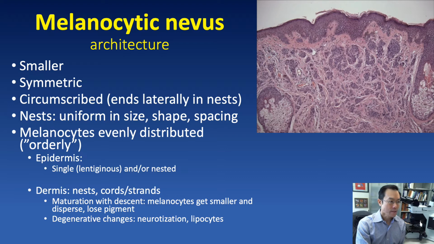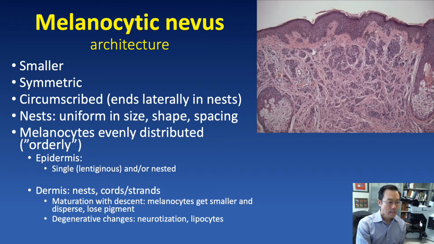So the melanocytes are evenly distributed. Even if we have that lentiginous single file growth pattern, the distribution of the melanocytes should be pretty even. And then going down into the dermis, they can form nests, but also disperse as cords or single file strands. And this is part of a cardinal feature of the dermal component of a nevus, maturation with descent. Sometimes the term zonation is used as well.